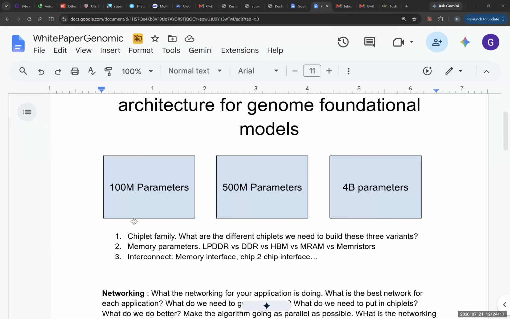We have the 3 sizes, and we can use that to derive an initial configuration, because for each of these we know, for example, the compute throughput that came out of the profiling tools and the memory bandwidth. So we have some targets to design for.